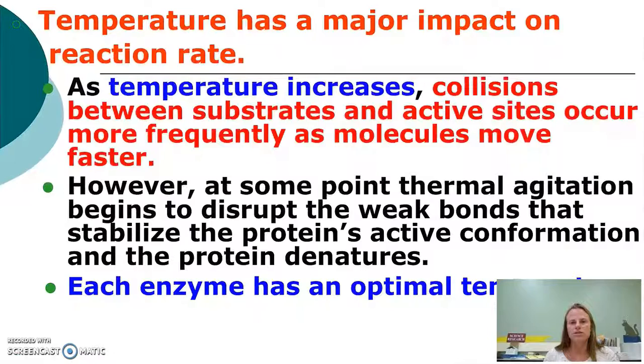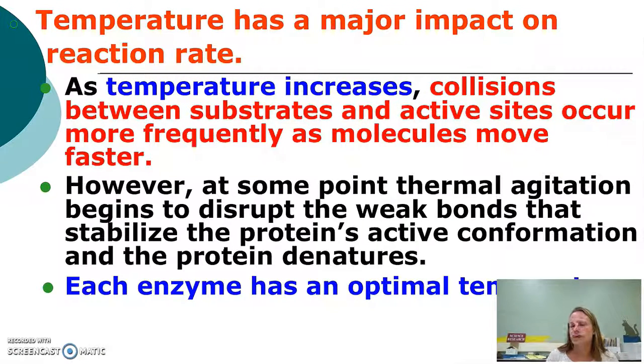Temperature is another factor that's going to have an impact on the rate of reaction of an enzyme, the rate of a chemical reaction. Whether temperature increases or decreases, that is going to have an impact on the rate of the reaction. So let's address temperature increasing.